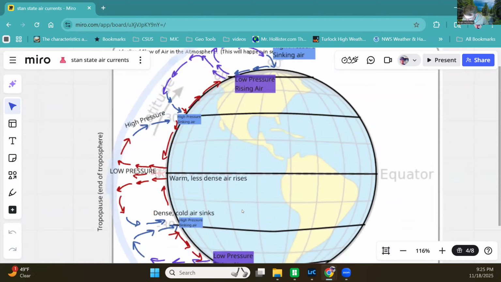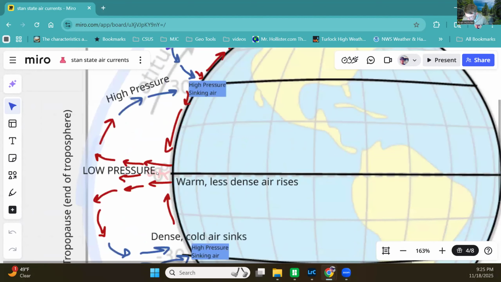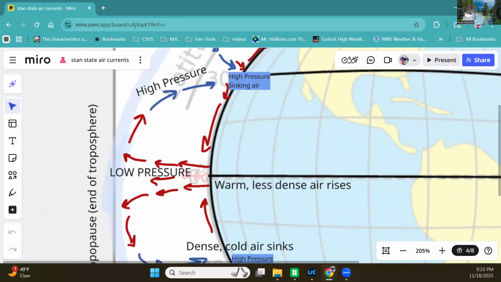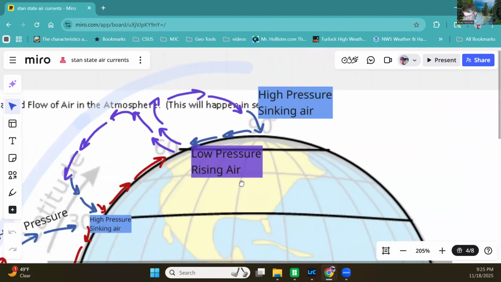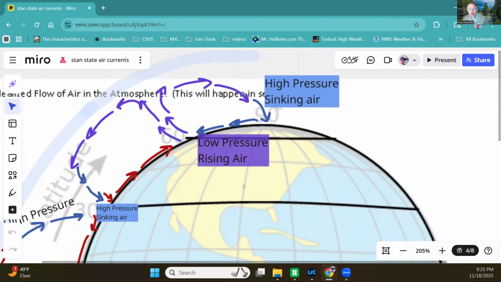We have this awesome globe where we talked about at the equator, we had all that warm air that's less dense, so it rises because it gets all that energy from the sun, hitting the equator much more frequently throughout the year. When you go further north in latitude, to those higher latitudes, the energy from the sun doesn't hit at the same angle.